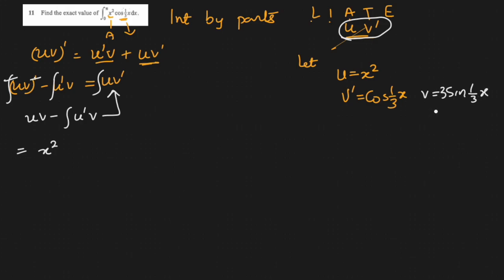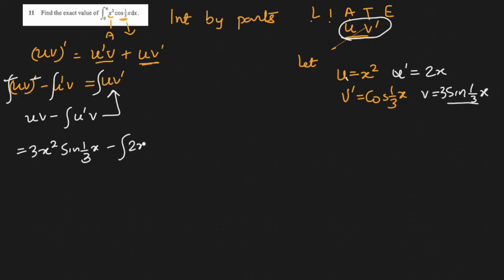Divide by 1 over 3 means multiply by 3. So this is our v. So I will write 3 here and sine 1 over 3x. One part is done. Now u prime, we have u but not u prime, so we'll write u prime also. Differentiation of this will be 2x.